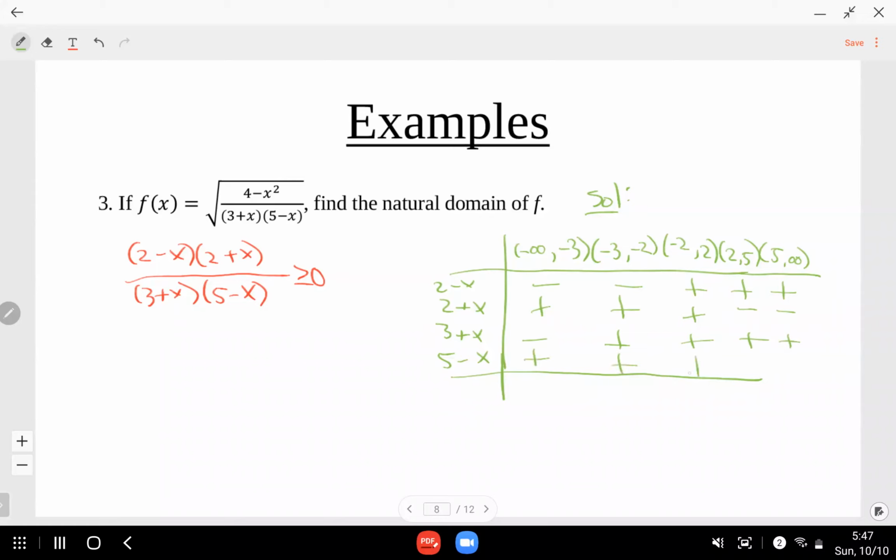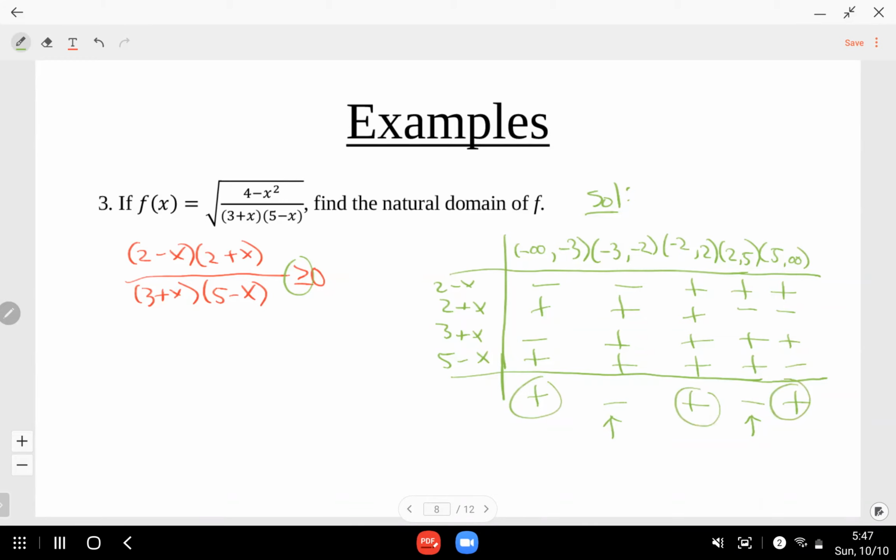You see where you made your mistake? Because your answer was exactly the opposite of what it should be. You chose these two. We're trying to be positive here, okay? Not negative. So we need to choose these three, which is exactly the opposite of what you chose.